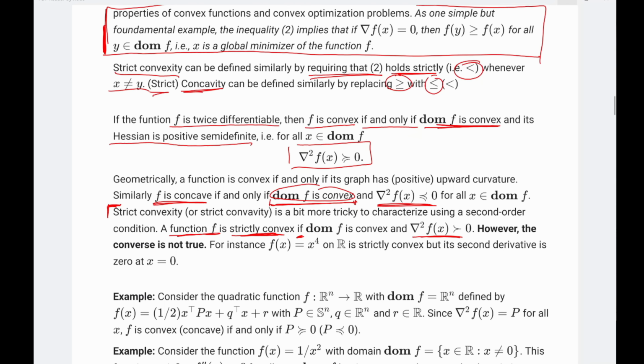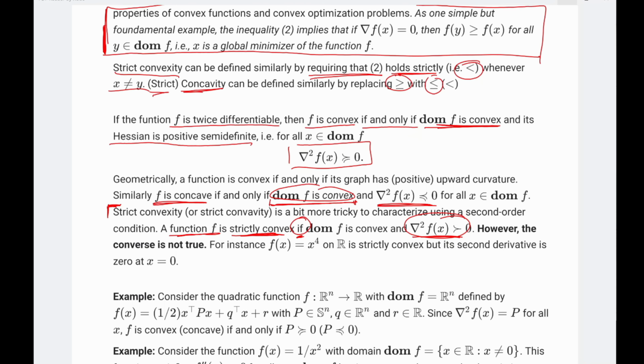But it is important to notice that this is just a sufficient condition. That means there may be functions which are strictly convex even though the condition on the Hessian is not satisfied. Of course, the Hessian will still be positive semi-definite, but it's not going to be positive definite.